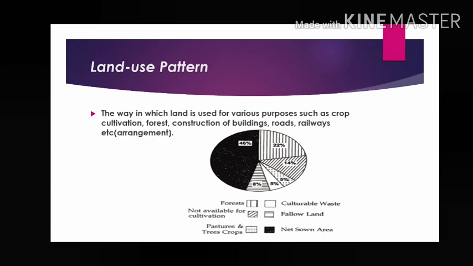Net sown area means cultivated land. That means the land which is used for crop cultivation. So what is the percentage? Out of 100, 46% area of the total land of India is used for crop cultivation. 22% land is used for forestry, and then 14% is for different types of constructional activities.